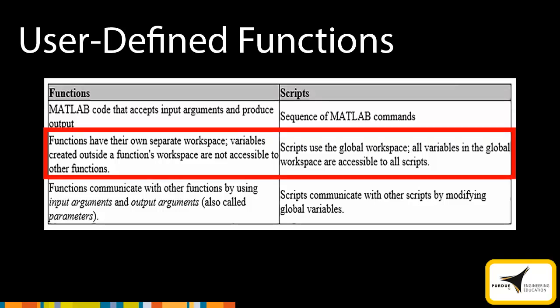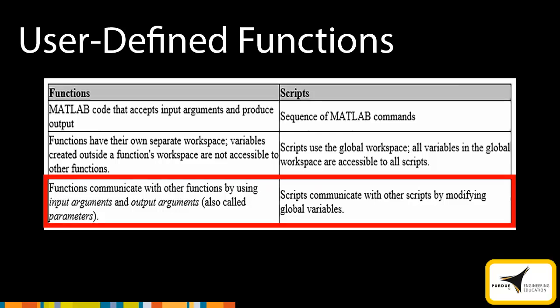Functions have their own separate workspace, and variables created outside the workspace cannot be accessed by functions. Scripts use the global workspace and have access to all variables in this workspace. Functions communicate with other functions using input arguments and output arguments, while scripts communicate with other scripts by modifying global variables.